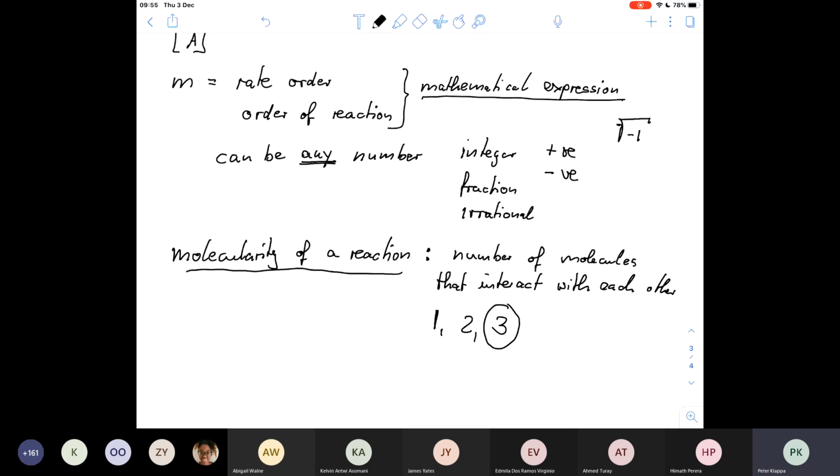It's incredibly rare that it is 3. Most common are 1 and 2. It could theoretically be 4, but nobody has ever observed a molecularity of 4 in any process. So usually it is really 1 and 2, and 3 is extremely seldom.